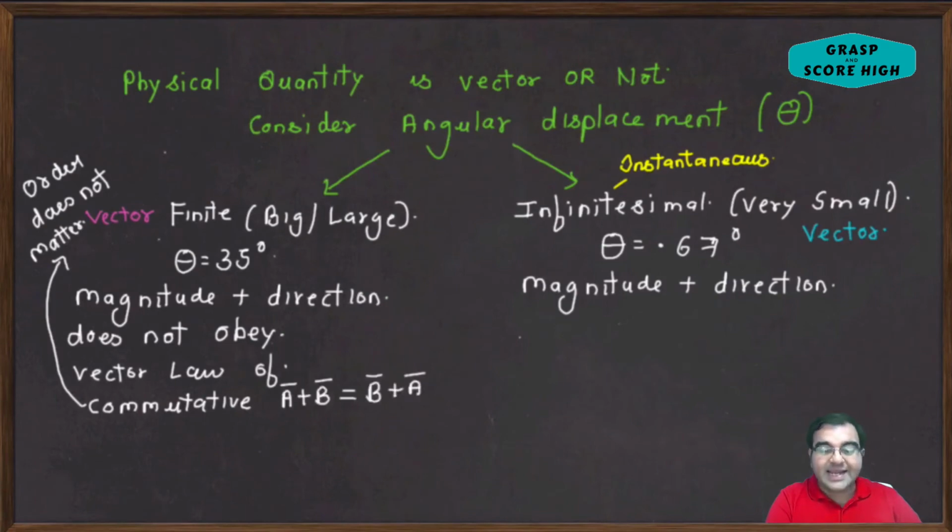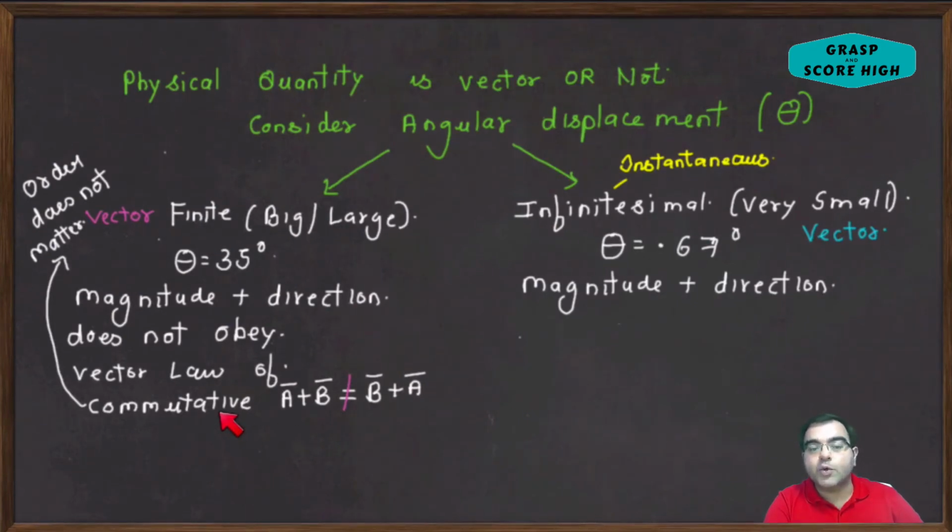Whether I write A bar plus B bar, or interchange the order and write B bar plus A bar, it still means the same. If that was the case, I would say it is a vector because it obeys the commutative law. But a finite value does not obey the commutative law. Therefore, I put a not-equal-to sign.